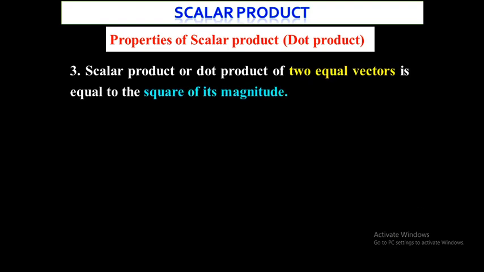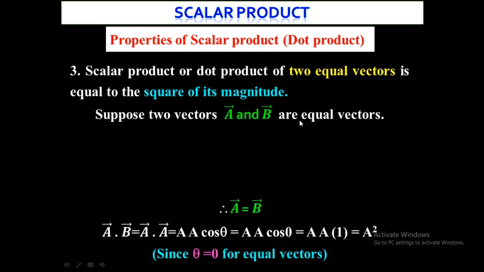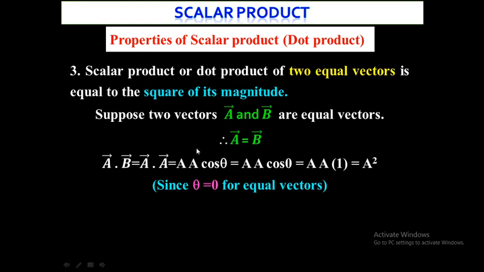Now we will move towards the third property. If we consider two equal vectors, the dot product between them is nothing but the square of its magnitude. We will prove it mathematically. Suppose two vectors A and B are equal vectors, meaning A equals B. So vector A dot vector B is nothing but vector A dot vector A, because both vectors are equal.